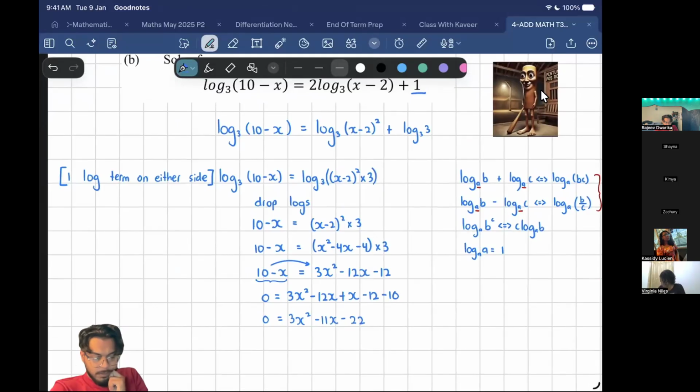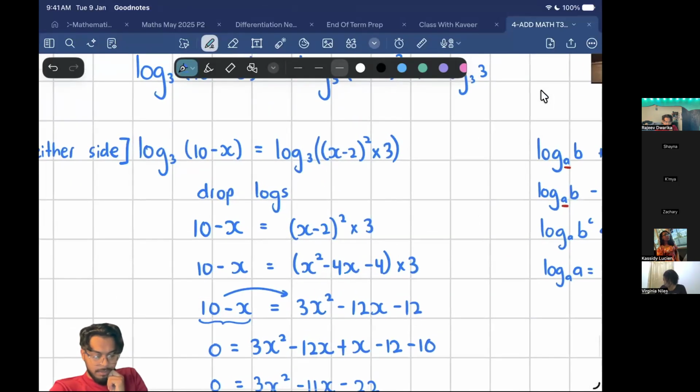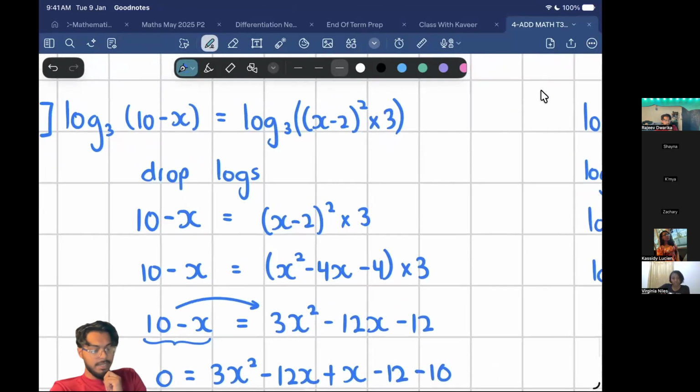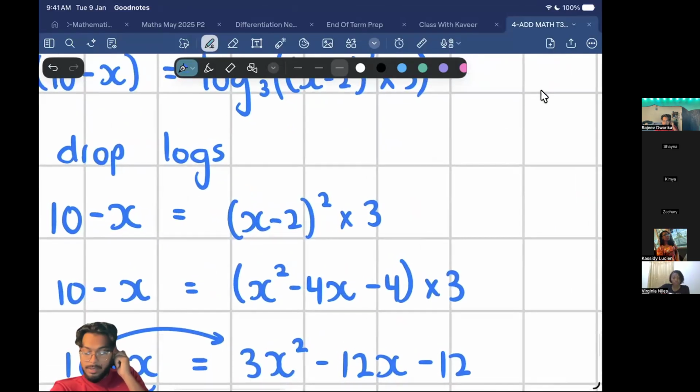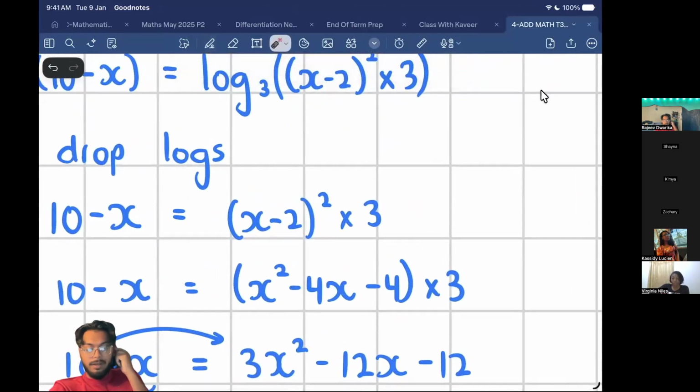Okay, we'll just check something. Yeah, there's a slight mistake. Where's minus 2 squared? Minus 2 squared.